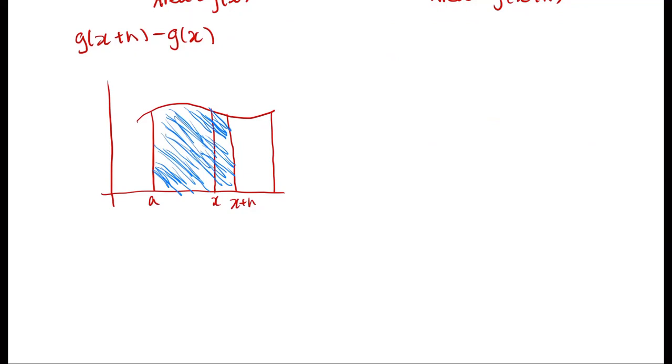And if we take the area of the smaller part between X to X plus H, so that'd be the area of this small portion here, then what we're going to be left with is just this portion of the area.